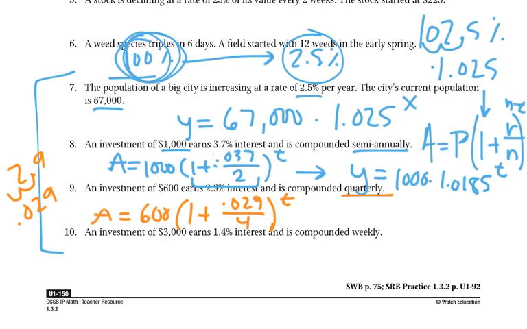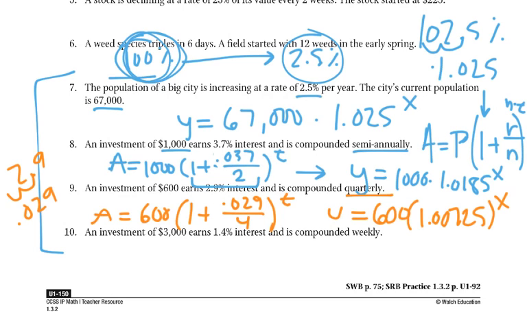So we go 0.029, divide that by 4, okay, then we're going to add 1 to that, and that would give us A equals 600 times 1.00725 to the t. Or we could make that x as well, and this y. Same thing, okay? Let's rewrite it so we can graph it, though.